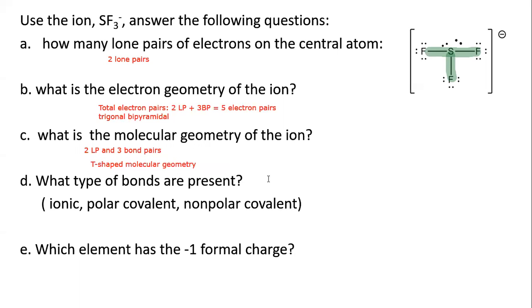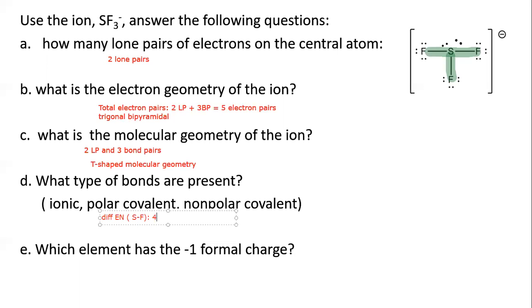Now, what types of bonds are present? So here you would have to go and, of course, on an exam or quiz, we'll give you electronegativity values. But here you could have used your book or the internet if you were following along and calculate the electronegativity difference. So we're looking for the difference in electronegativity between the sulfur-fluorine bond.